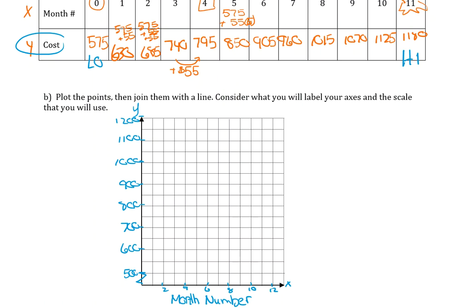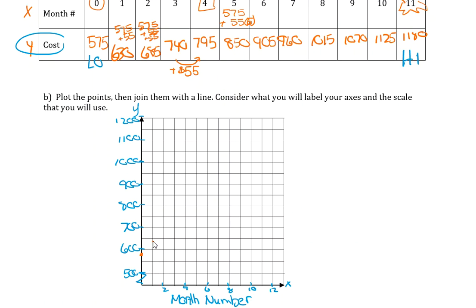Now we put the points on, and this is where doing it the way I showed you makes it a little harder to graph, because I don't have these exact numbers on my y-axis. So for example, 0 and 575, that's going to be right about there. Remember, we're counting by 50, so the line is 550, so 575 should be kind of in the middle. My next one is 1 month, 630.